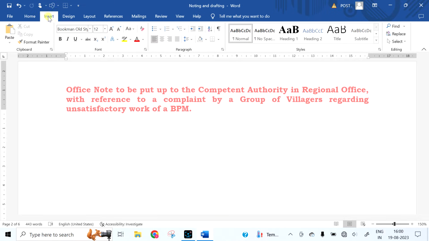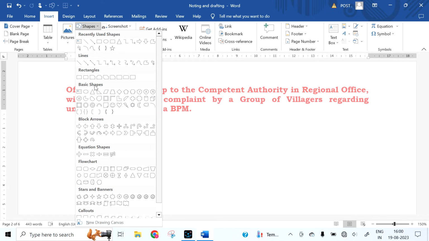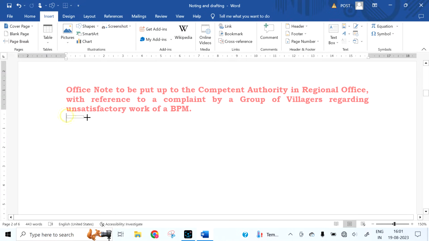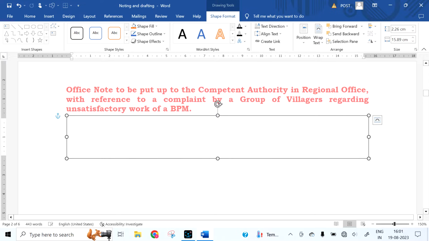We should go to the insert tab and we shall go to the shapes. In the shapes we can find the basic shapes with the letter A. Here I have taken it, and you can draw a shape out here, and generally here we will write, this is regarding, just to start with something.